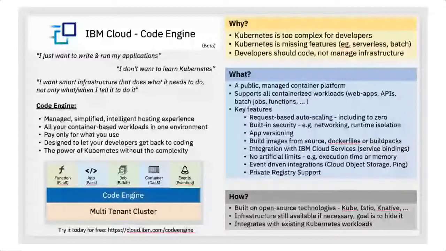Code Engine has simplified everything to the point where you only need to focus on giving the inputs into what you want to deploy. For example, you give Code Engine your source code, if that's where you want to start from, or your container image, if that's where you want to start.